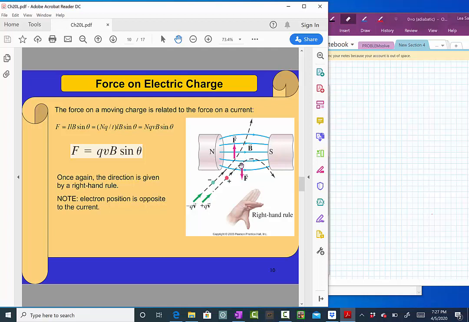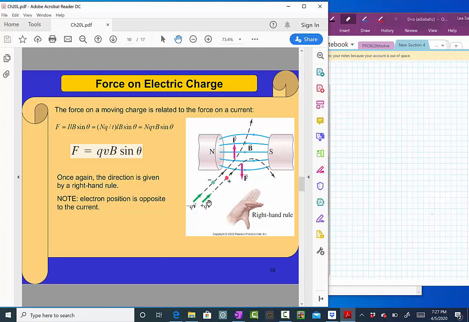This positive charge will feel a force. What is the direction of this force? Well, you're going to use the same rule that we used for the current. For the current, we put our four fingers in the direction of the current. Now it is the direction of the velocity of this charge that we use our four fingers for.